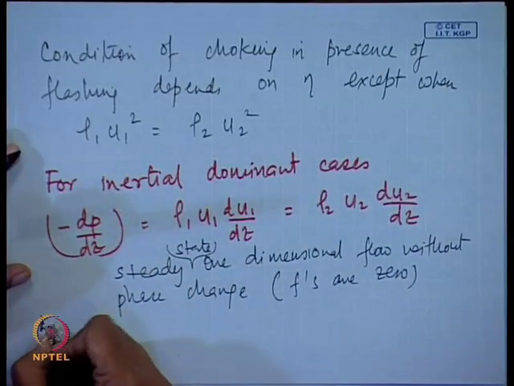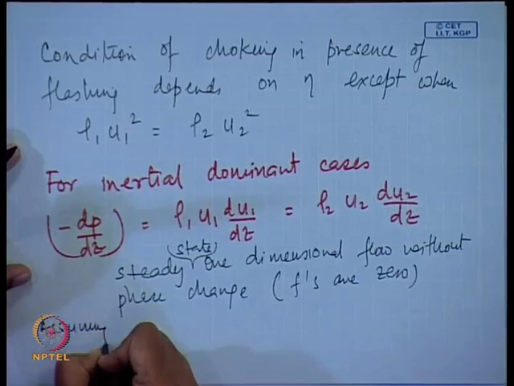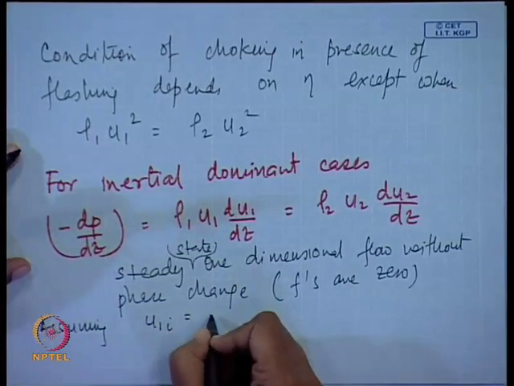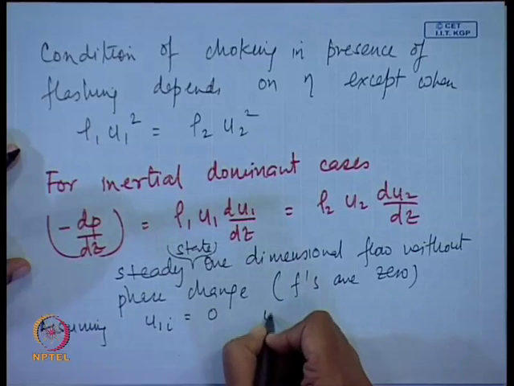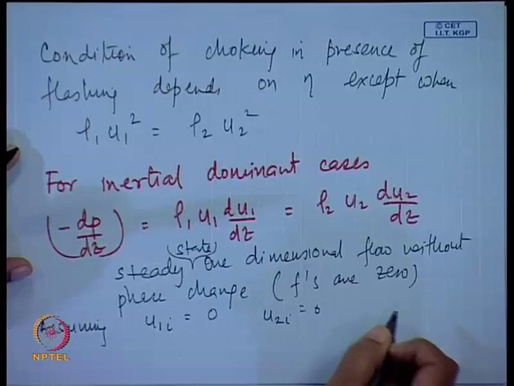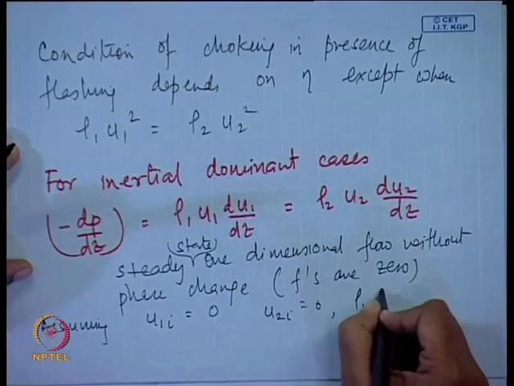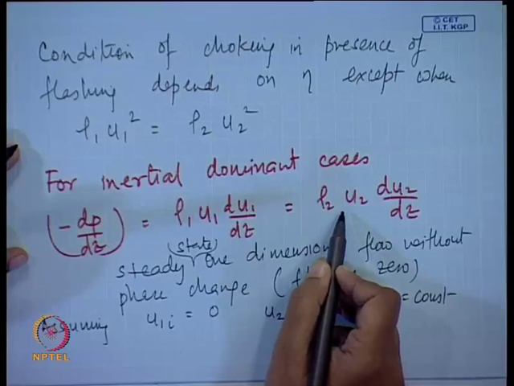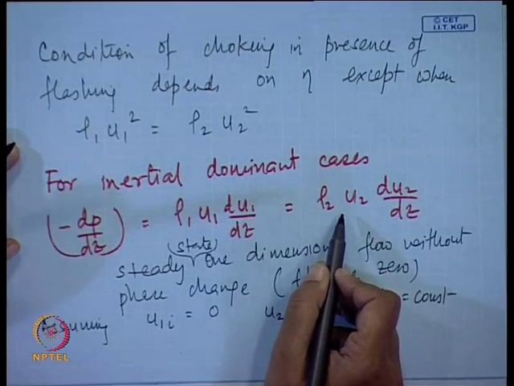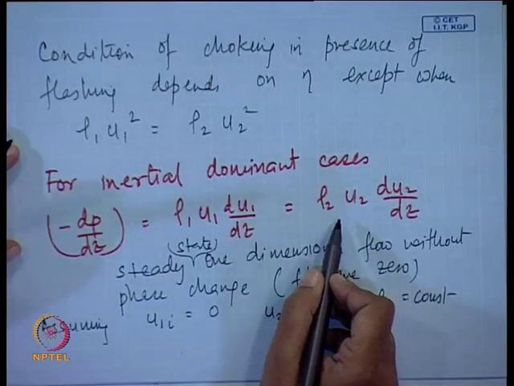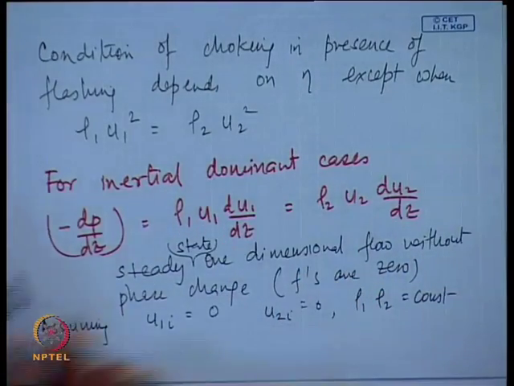Now, assuming u1 initial, a very low velocity, equals 0, and u2 initial equals 0, and rho 1, rho 2 equal to constant, under that circumstance it is very easy to integrate this particular equation, is it not? So, what do we get?